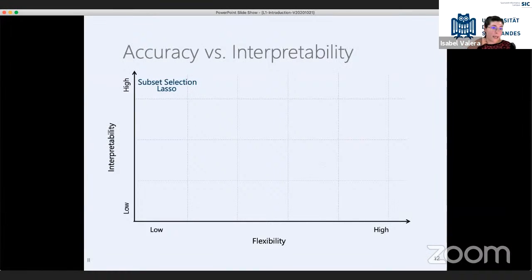Good. So in terms of flexibility and interpretability, we have here a few examples. In general, of course, the higher the flexibility, the better we are going to be able to fit the data, but the higher the risk of overfitting. So when we move towards here, right?